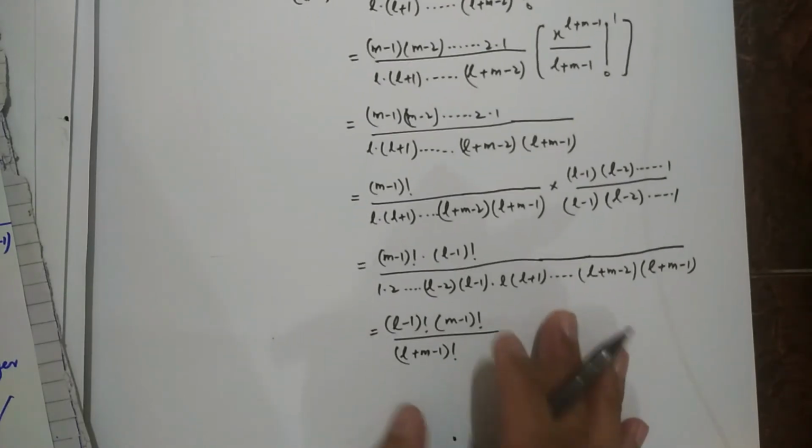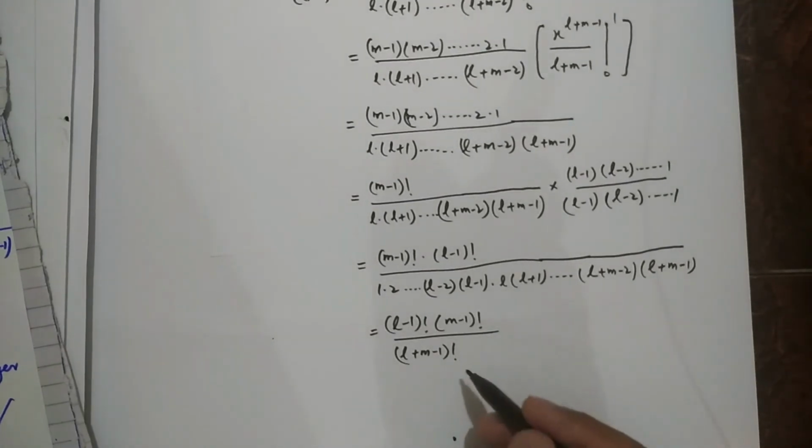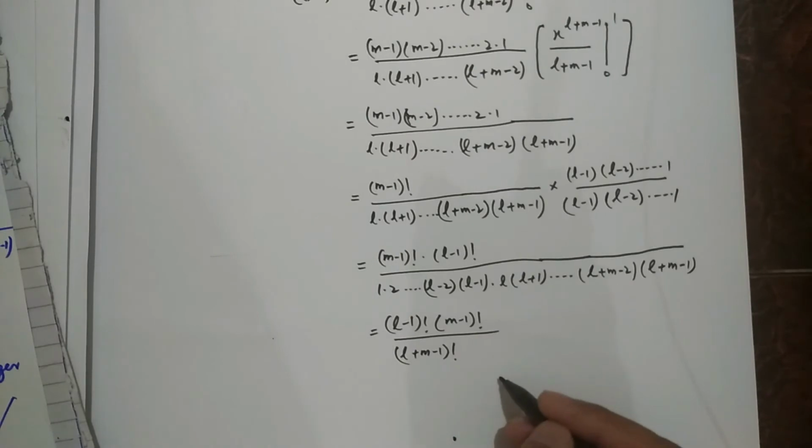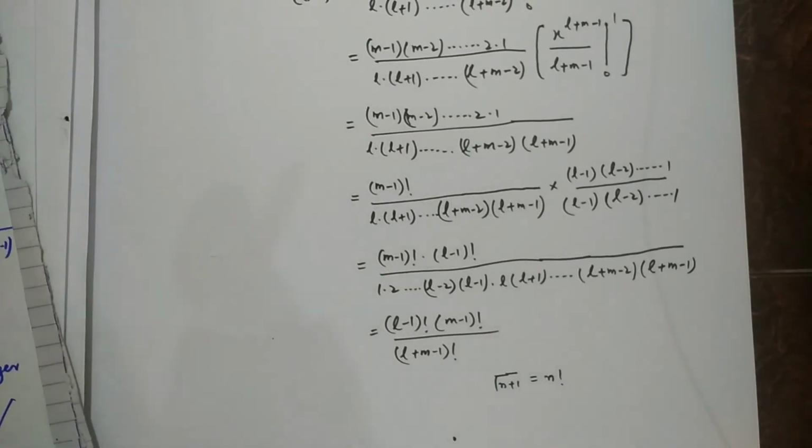Earlier in the gamma function we had a property that gamma n plus 1 is equal to n factorial. In the previous lecture we discussed this property.